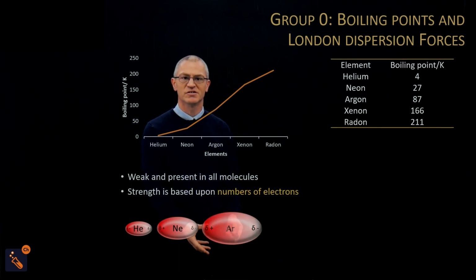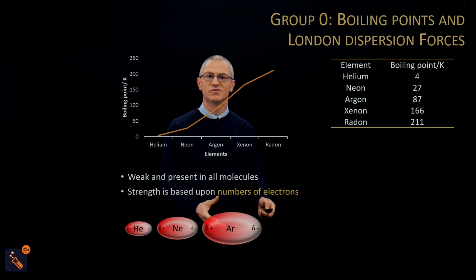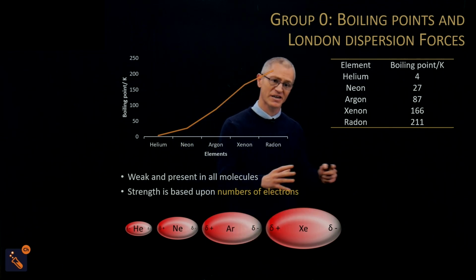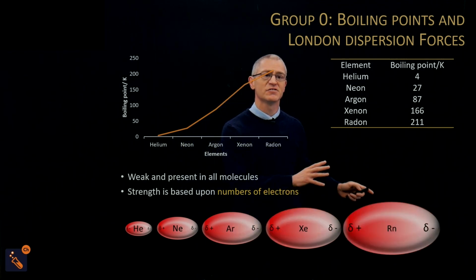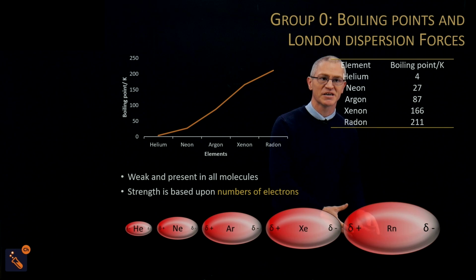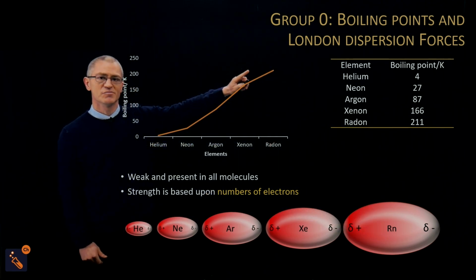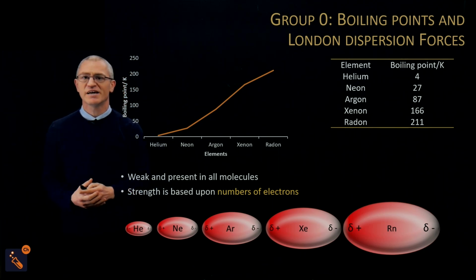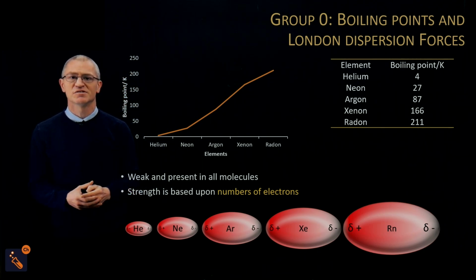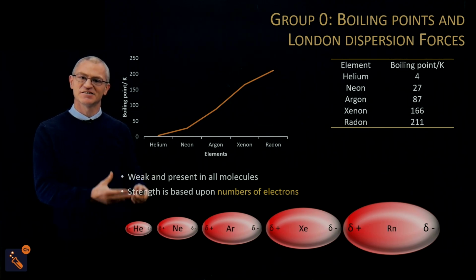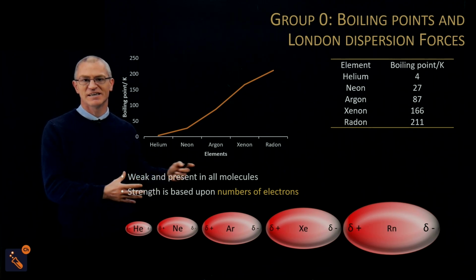Because the electrons are increasing in number, the London dispersion force is getting stronger. We go to xenon, okay, that's again bigger. And lastly, we go to radon, again much bigger. So this increase in boiling point that we can see here is directly down to the London dispersion forces getting stronger because the number of electrons in each atom is increasing.